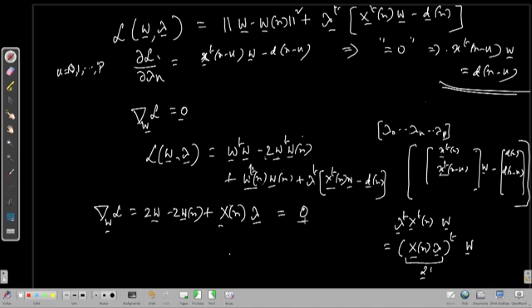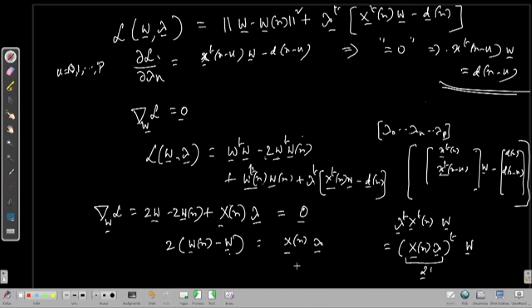All right. That means if I take this to the right hand side, what I have is twice x n lambda, lambda vector.